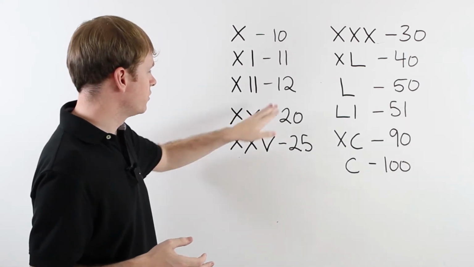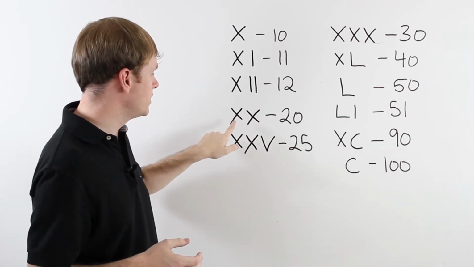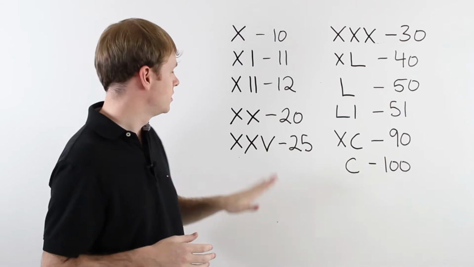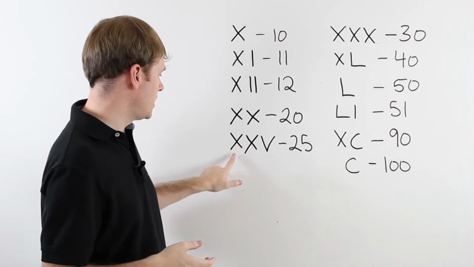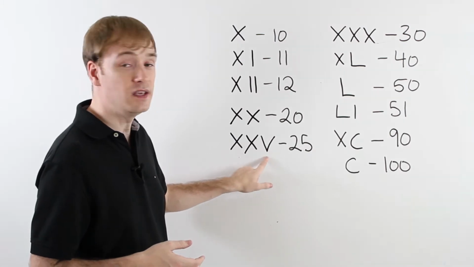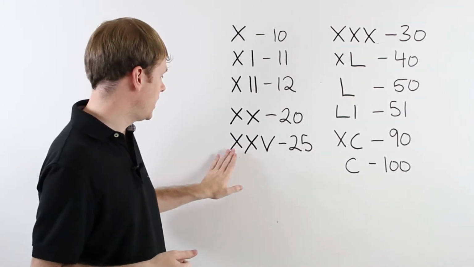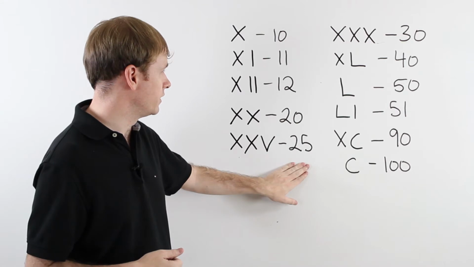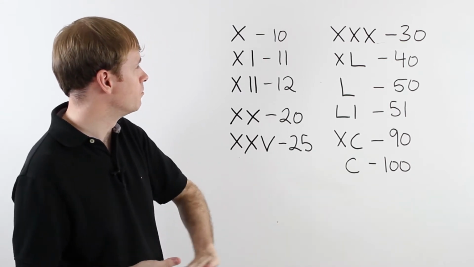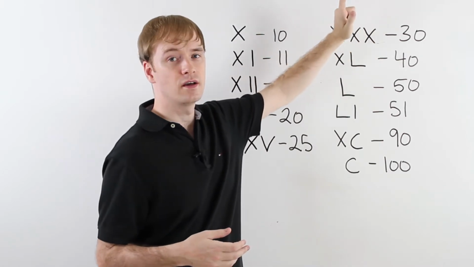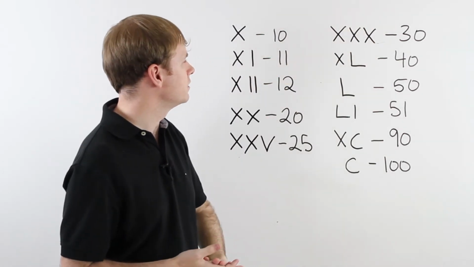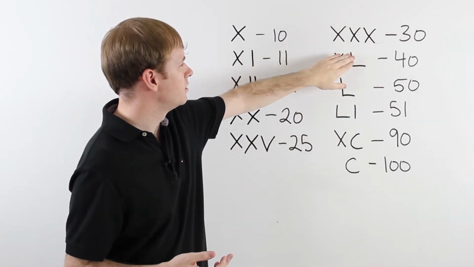So after 12, we're going to jump to 20, and 20 is XX. So 10, 10 means 20. XXV, we know V is 5. XXV, 25. Okay, let's jump more. XX is 20. XXX, 30. And then the next one, XL.